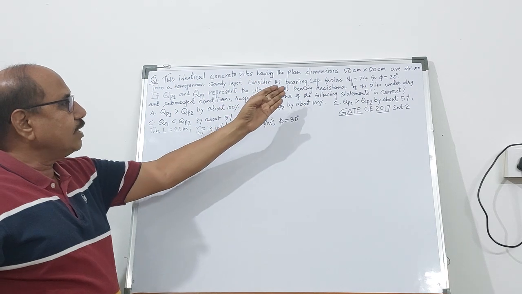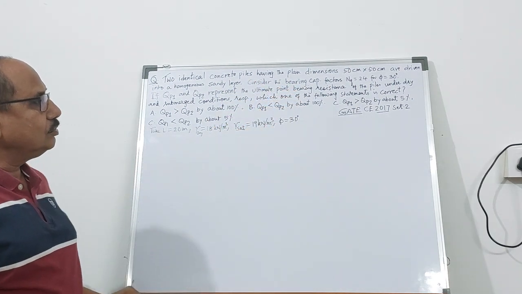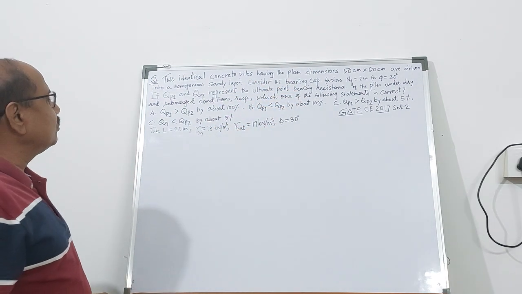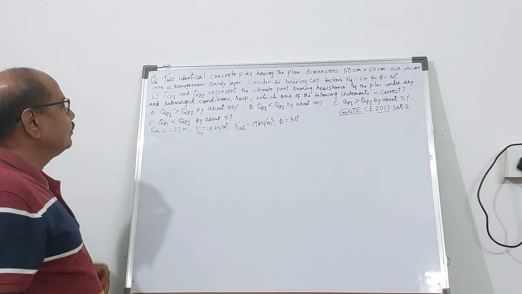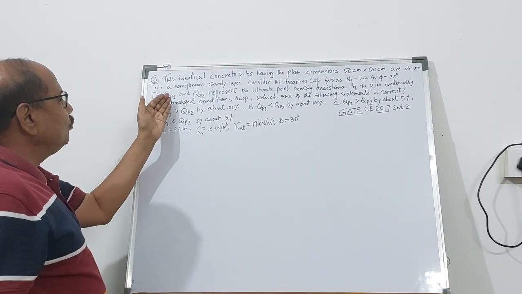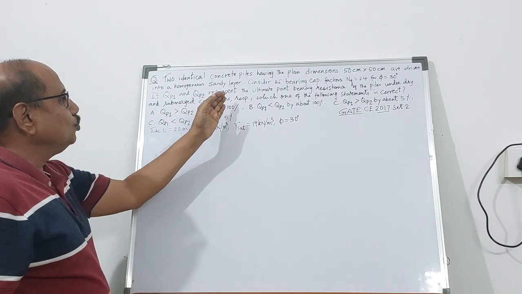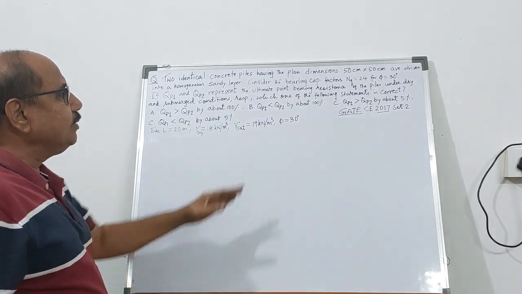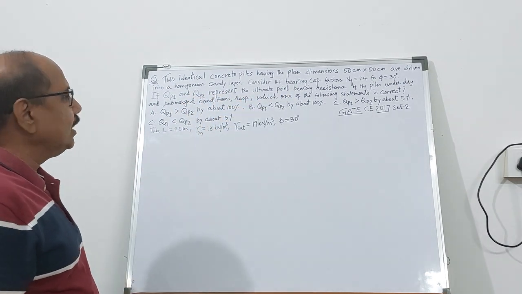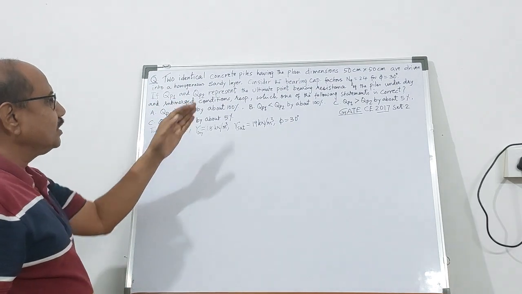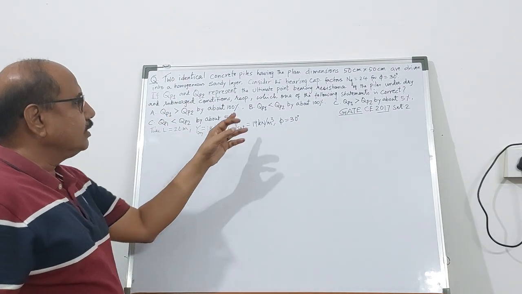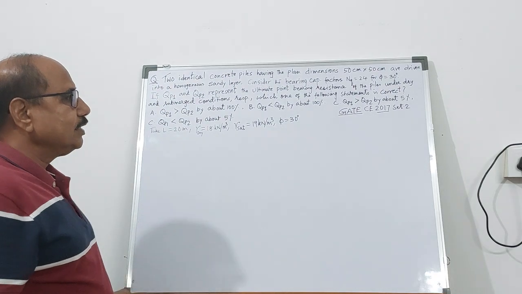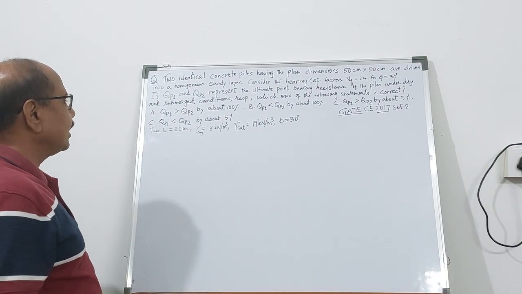Consider the bearing capacity factor NQ 24 for phi equal to 30 degree. If QP1 and QP2 represent the ultimate point bearing resistance of the pile under dry and submerged conditions respectively, which of the following statements is correct?